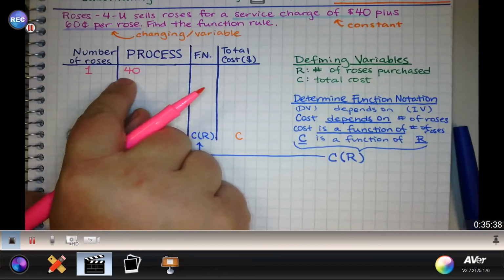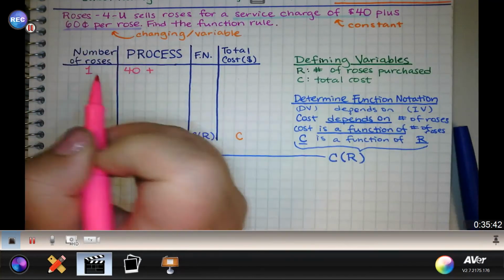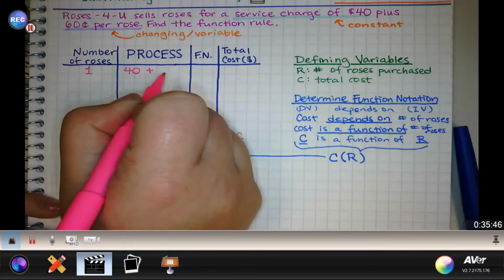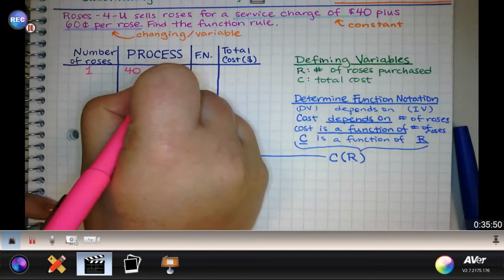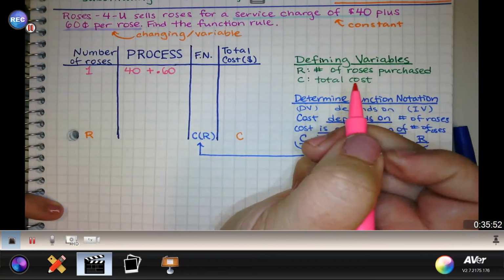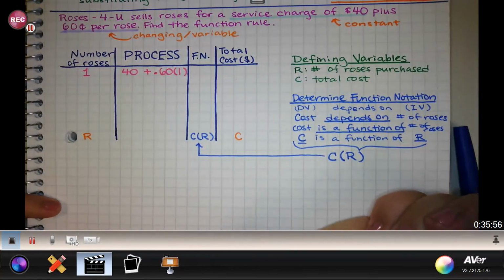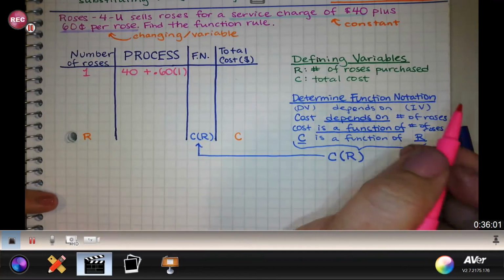So 40 is my starting amount, plus 0.60 for the 60 cents per rose. Don't write 60, because then they'd both look like dollars. And I'm only getting one rose right now, so it's times 1.